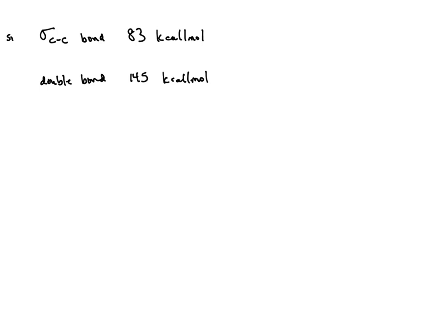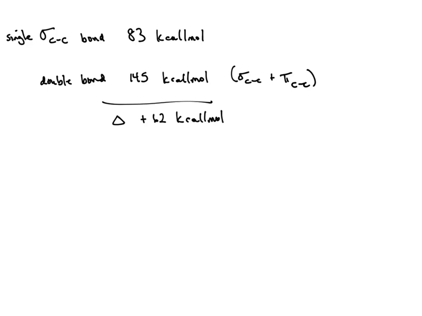Okay, so this is a single sigma CC bond. Now a double bond is the combination of a sigma CC plus a pi CC. And so we can see here that the difference is about 62 kcals per mole. And so we see that the pi CC bond is not quite as strong as a sigma CC bond, and this is the reason why it's slightly higher in energy.